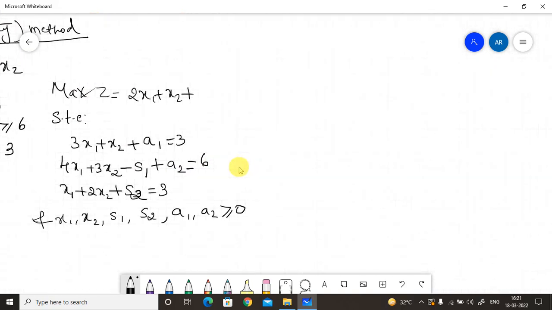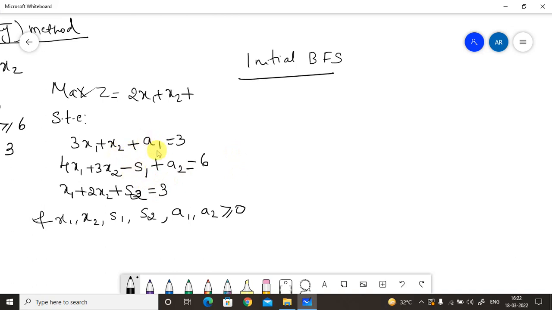So how will we do that? First I will write the side heading, initial basic feasible solution. To derive it, we have to check where we have artificial variables. You can see the artificial variable appears in the first and the second constraint only.